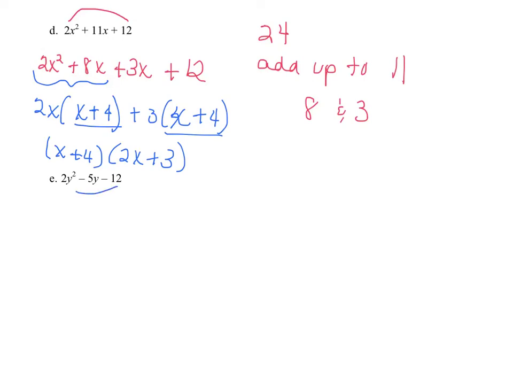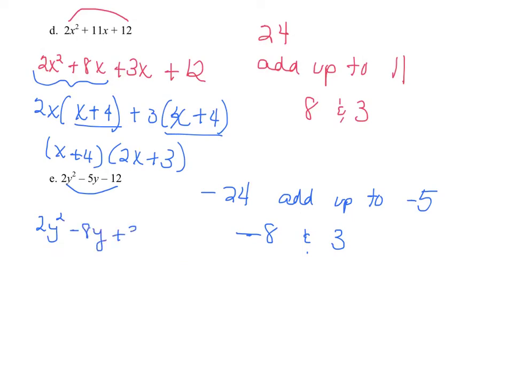We're going to multiply -12 times 2, which gives me a -24, and I need it to add up to -5. And that includes putting positives and negatives in. Ooh, we need -8 and 3. So 2y squared minus 8y plus 3y.